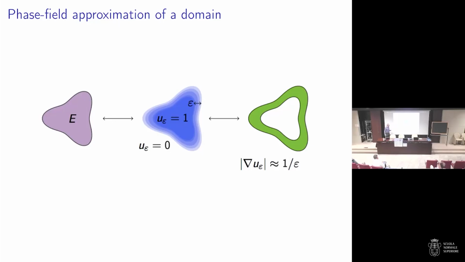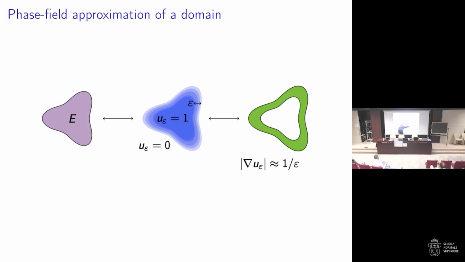So the first thing that you do is that you approximate the characteristic function of this domain by a smooth function that takes value 0 outside, value 1 inside, and there is a transition zone which is called the diffuse interface where you smoothly pass from 0 to 1.